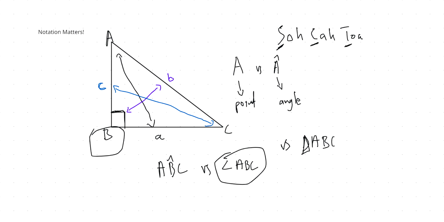Given this, I could write my 3 ratios in different ways. If I look at point A as an angle, then I could say sine of angle A, where the opposite becomes this side with small a, and the hypotenuse will remain b, and the hypotenuse never changes. Be aware of this.